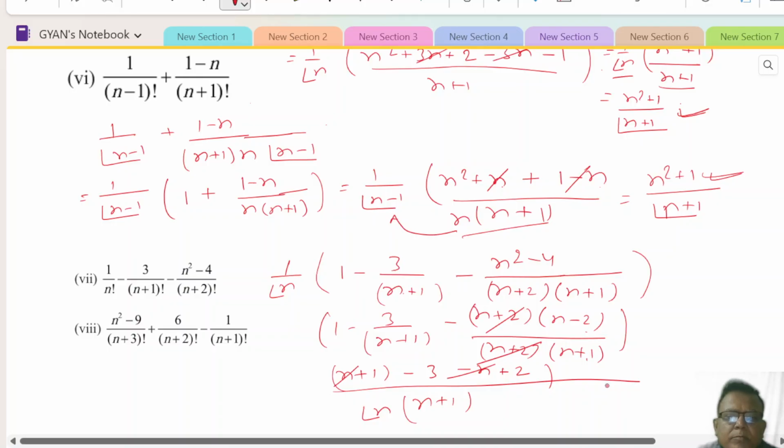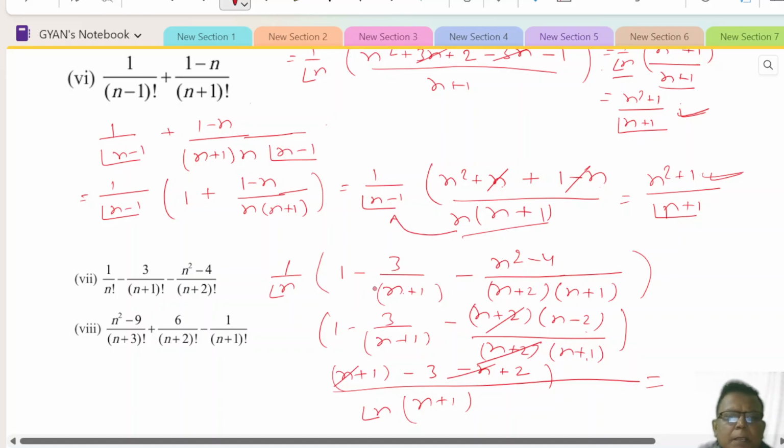So that will become 2 plus 3 minus 3. So that will be n square.